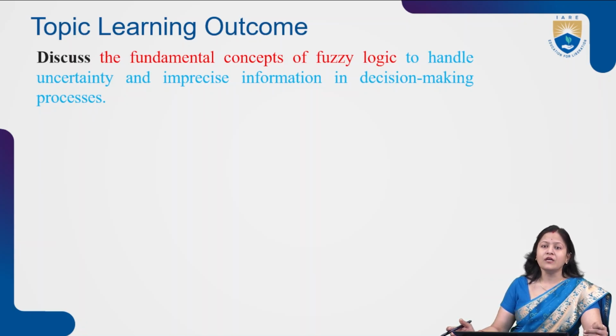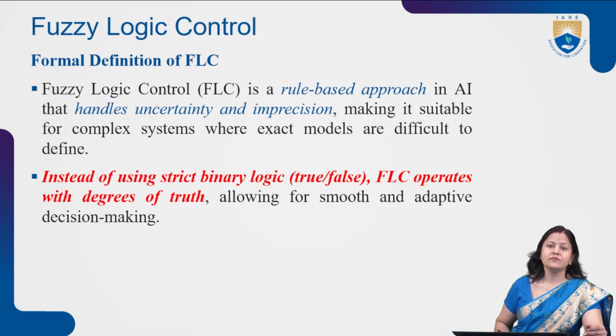Fuzzy logic is used to handle situations which are fuzzy, meaning uncertain or imprecise. That means when the knowledge or data is vague, or does not have correct information, then fuzzy logic is used.